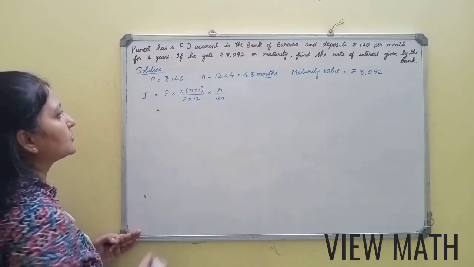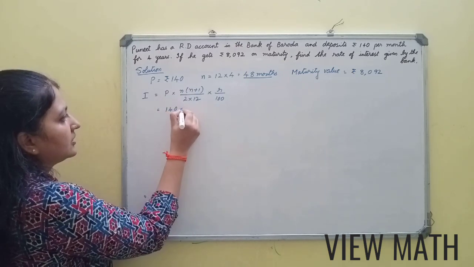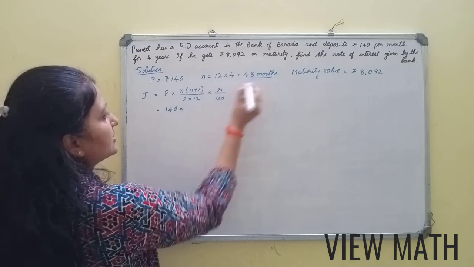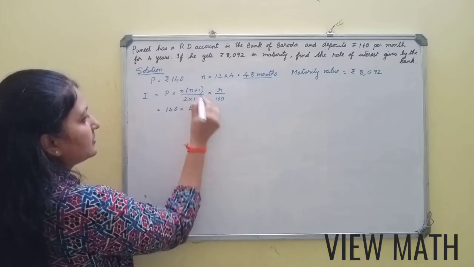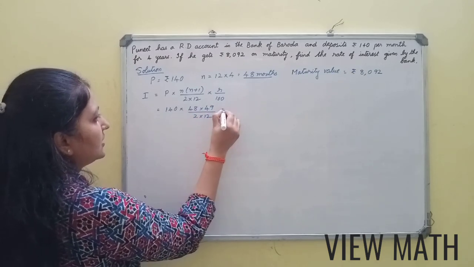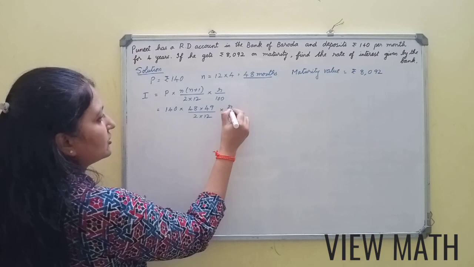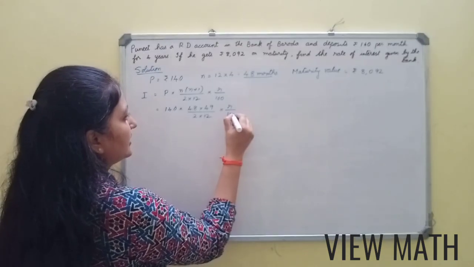So this is equal to P value 140 into N into N plus 1, N is 48. So 48 into 48 plus 1, 49 divided by 2 into 12 into R. R we have to find out. Let me keep it as R itself by 100.